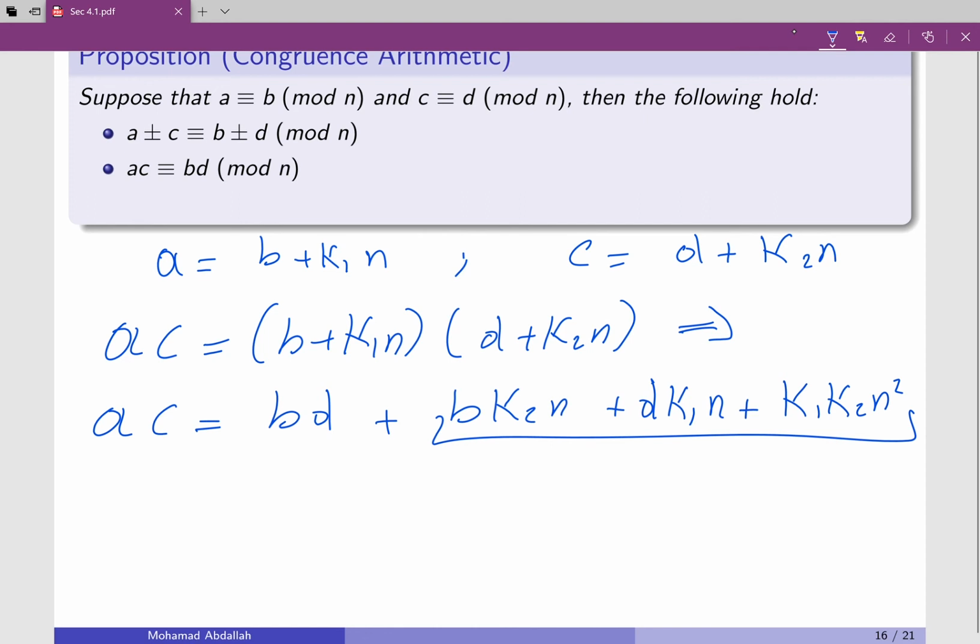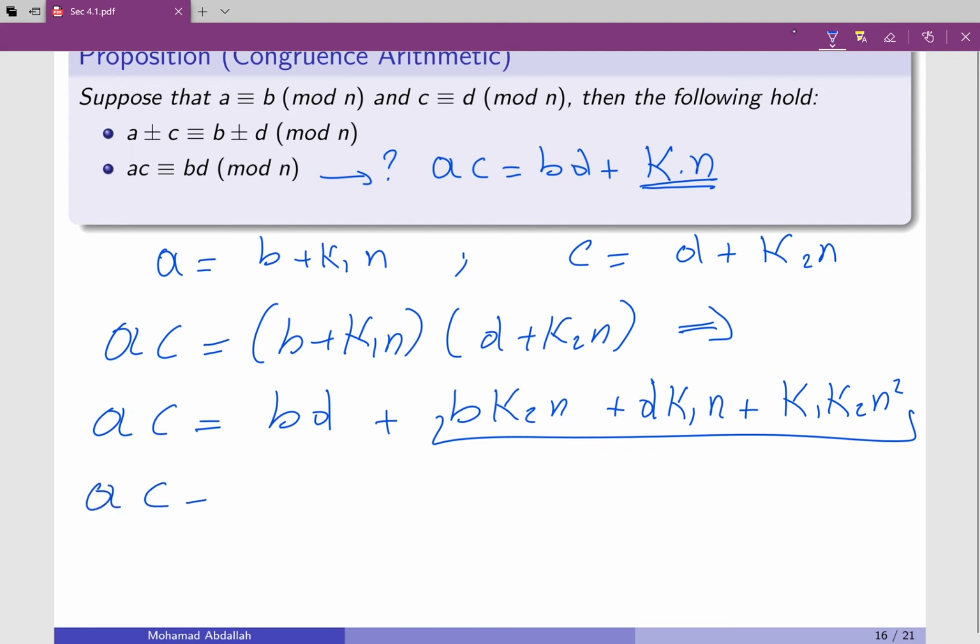So what I need to show is AC equals BD plus some integer K times n. Well, if you look at all these, I can factor out an n.